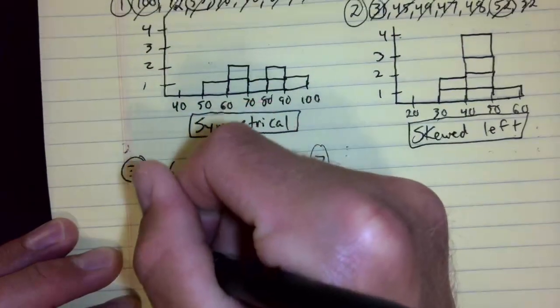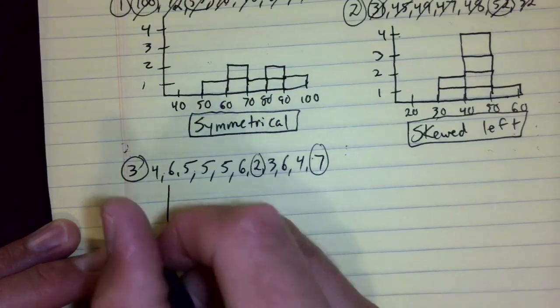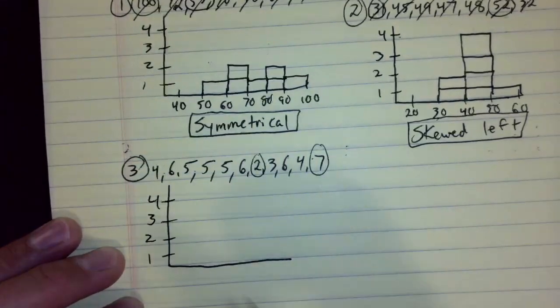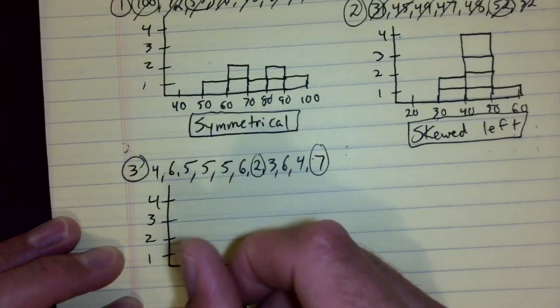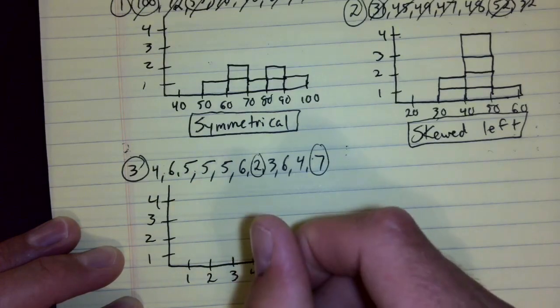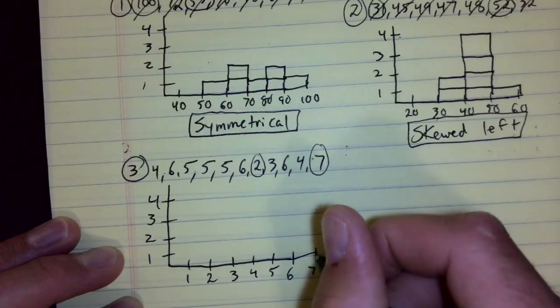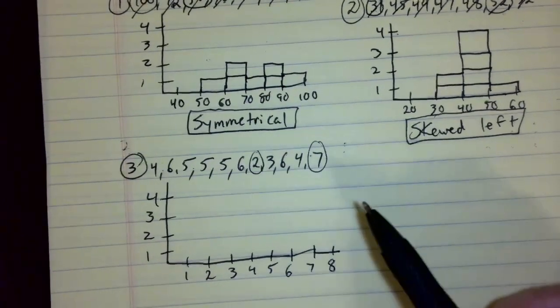So now just create your histogram on there. Here's 1, 2, 3, and 4. And then we know our low is 2, so we'll just start at 1, 2, 3, 4, 5, 6, 7, 8. Perfect. So we look at our numbers.